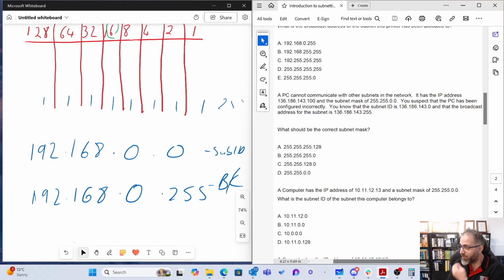You know that the subnet ID is 136.186.143.0 and that the broadcast address of the subnet is that. What should the correct subnet mask be? So that's the subnet mask that has been configured. It looks like an incorrect configuration. What should it be? And I think this is going to be nice and easy.